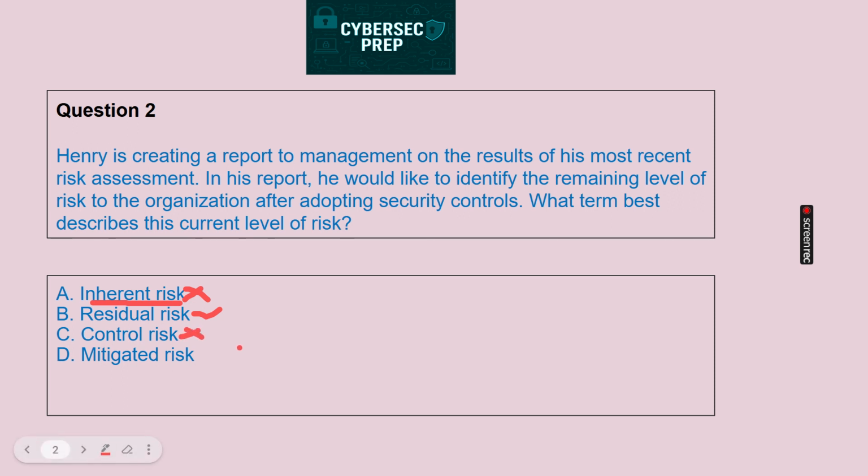Last is mitigated risk. Now, mitigated risk is the risk that has been addressed by the existing controls. So once the risk is mitigated, there is no remaining risk, right? Any remaining level of risk that is identified would fall under residual risk. So for this question, the correct answer is option B, residual risk.